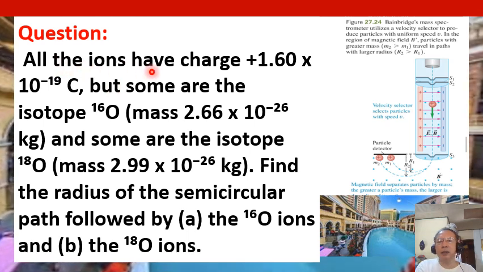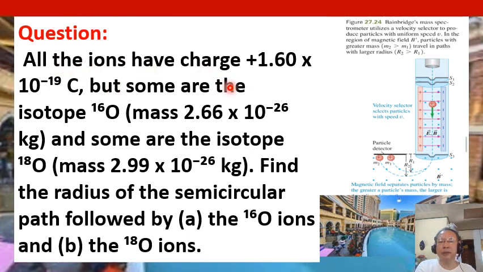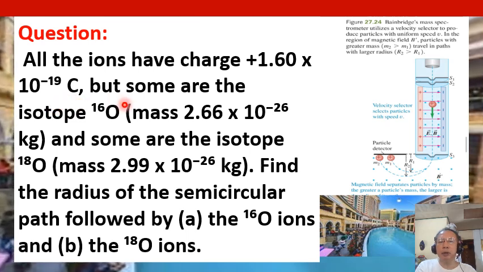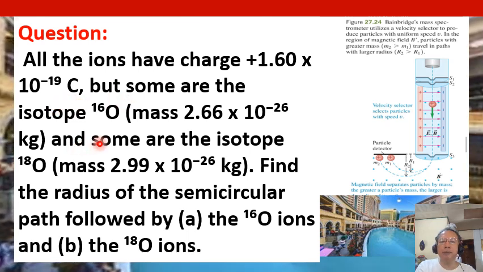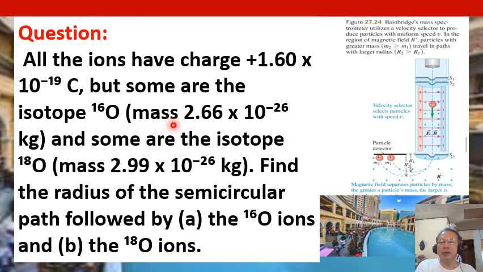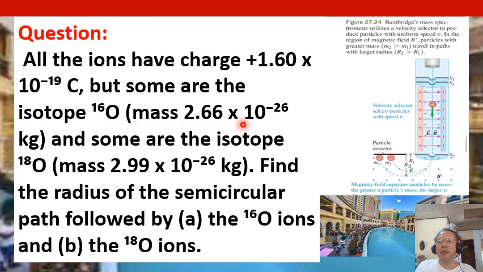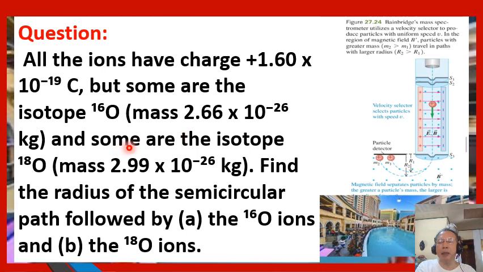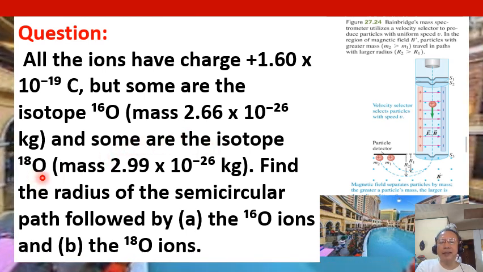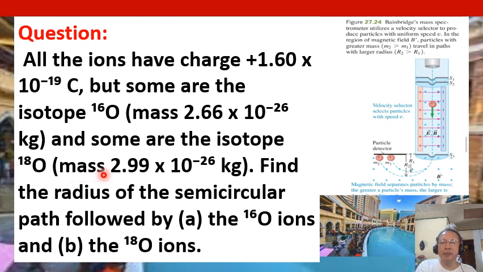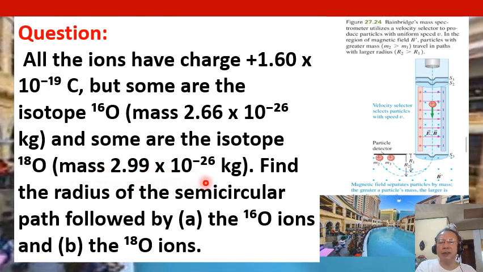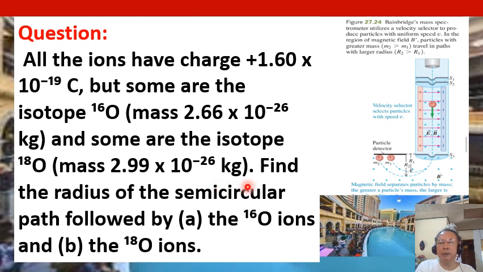All the ions have charge positive 1.60 × 10^-19 coulombs, but some are isotope oxygen-16, whose mass is 2.66 × 10^-26 kilogram, and some are isotope oxygen-18, whose mass is 2.99 × 10^-26 kilogram.